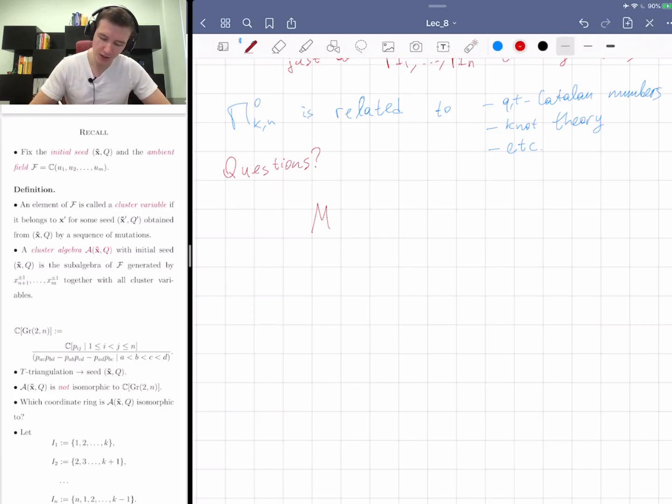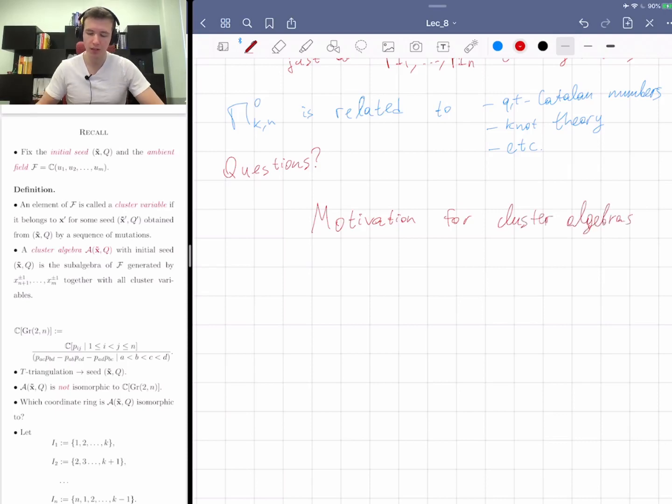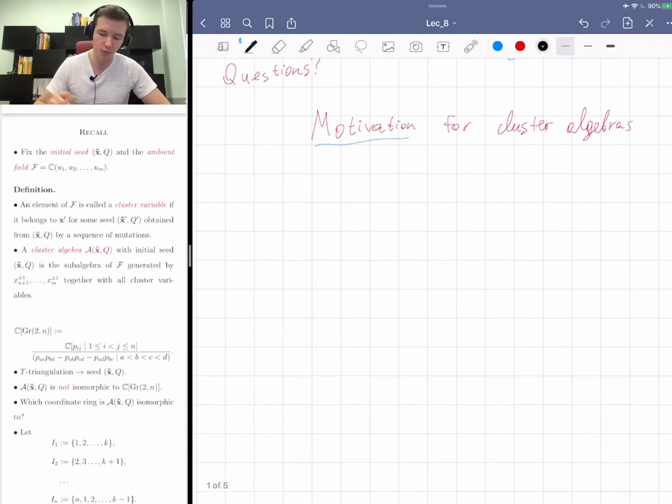So what I want to discuss today is motivation for cluster algebras, and by which I mean historically, because later they got connected to all these other interesting things, but originally there were two main motivations. So two reasons due to which cluster algebras were introduced.